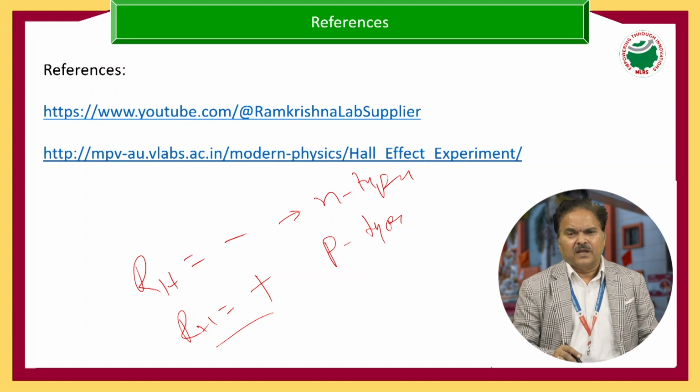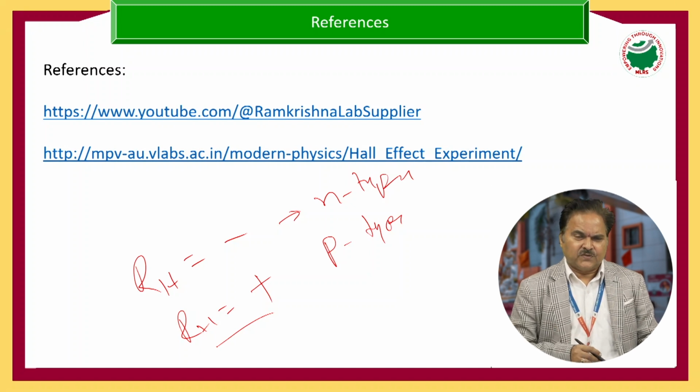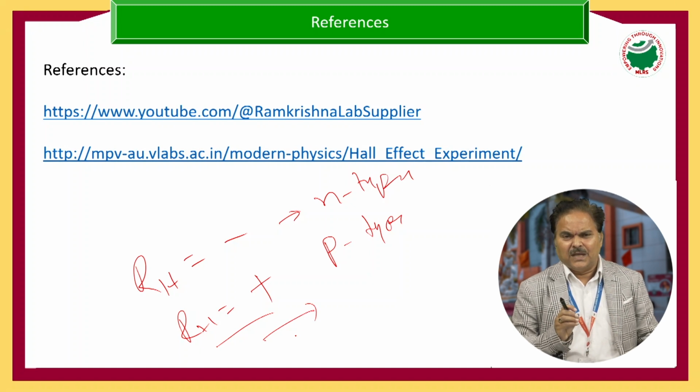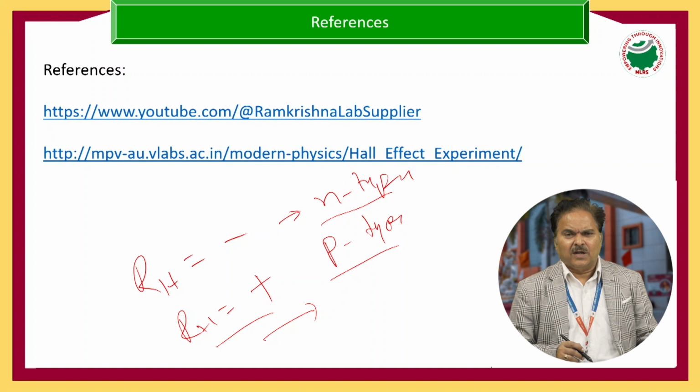Similarly, the carrier concentration can also be measured using this Hall coefficient. So these are the major applications: which type of material it is, whether a semiconductor that is N type or P type. We can calculate it using this. Similarly, carrier concentration and mobility we can also calculate using this Hall coefficient. Thank you.